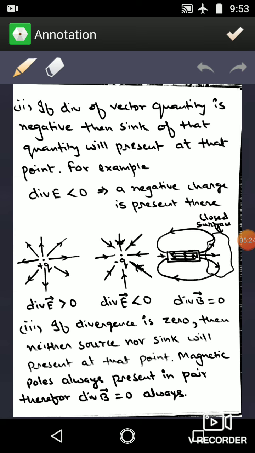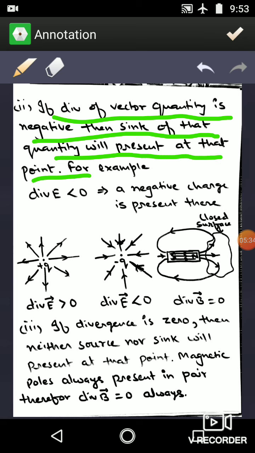If divergence of a vector quantity is negative, then a sink or absorber should be present at that point. For example, if divergence of electric field is less than 0, then field lines will approach that point. Therefore, it should be a negative charge. Negative charge should be present at that point.